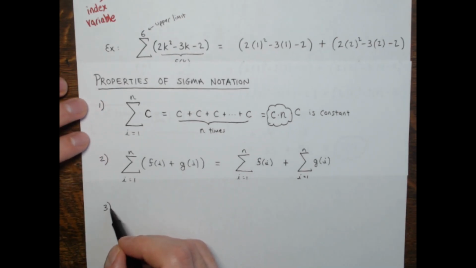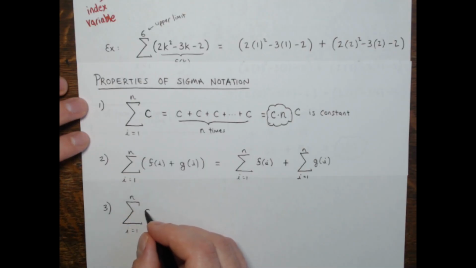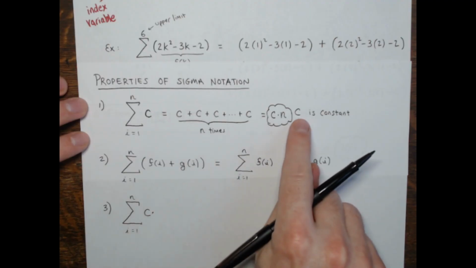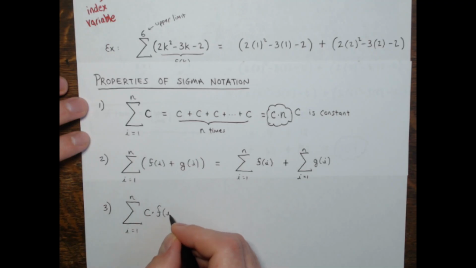Then you had a constant multiple rule, again, just like with antiderivatives and indefinite integration that we've done in previous videos if you've been following along. So again, if I had the sum from I equals 1 to n of some constant, so again, I'll use C for some constant, now this will be a coefficient of some expression depending on I. So say c times some function of this I variable.